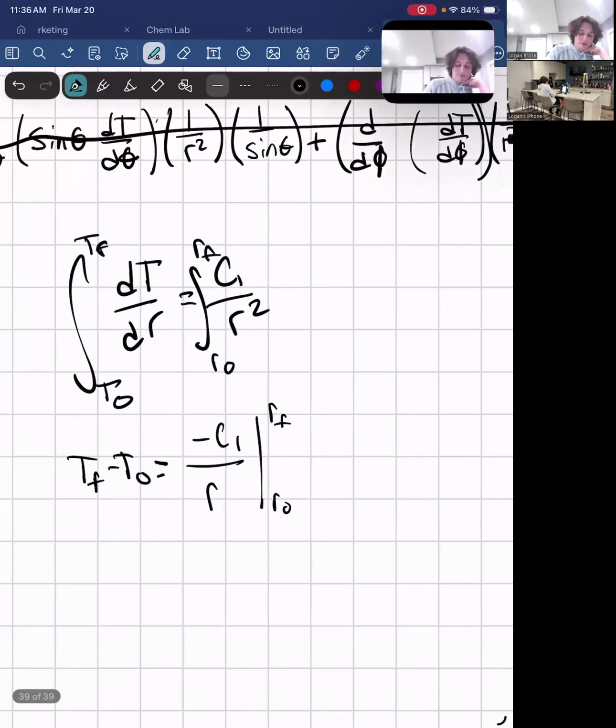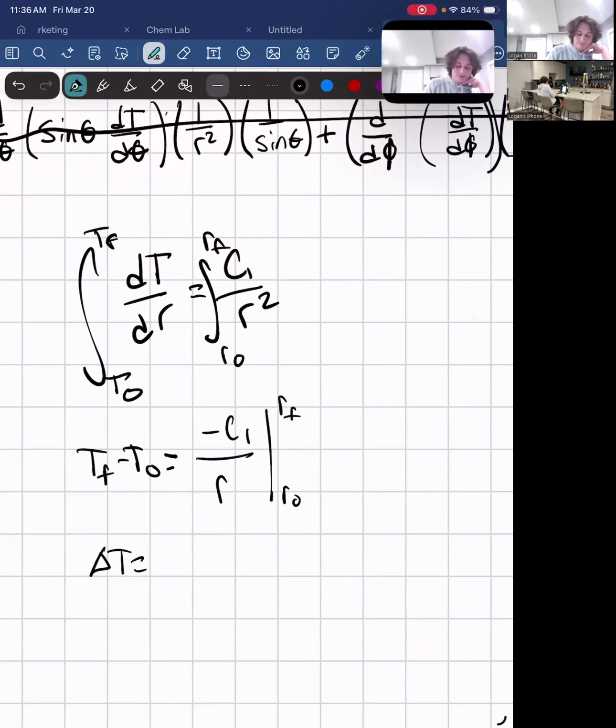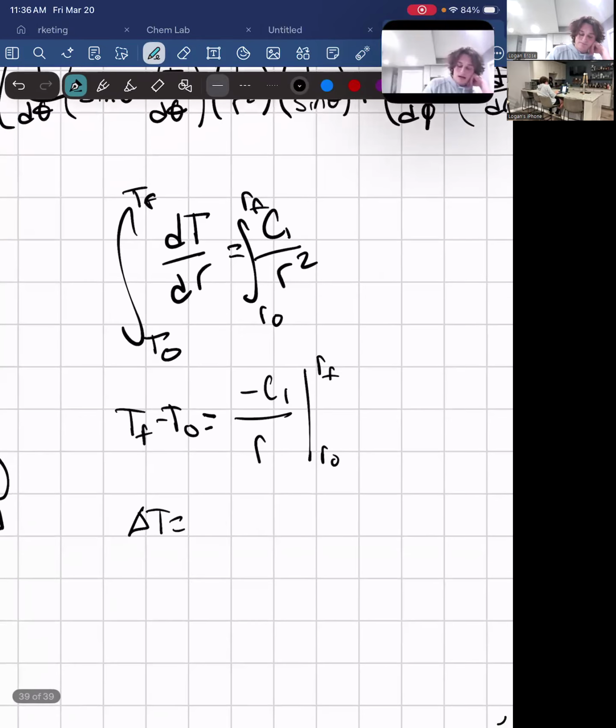And so we'll get our delta T equals negative C1, but we're going to change this, so it's going to be C1 times R initial minus R final.